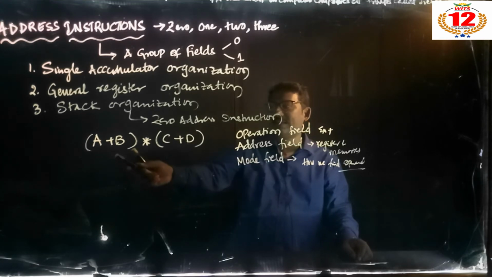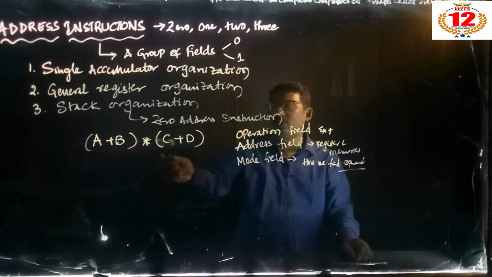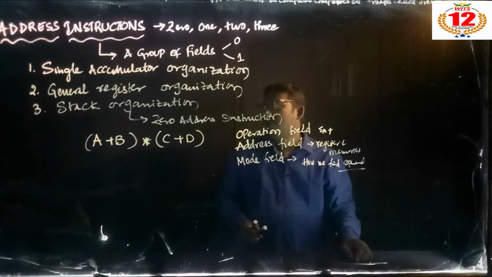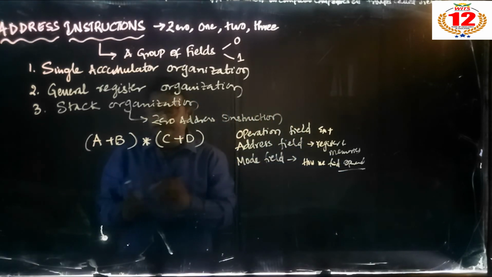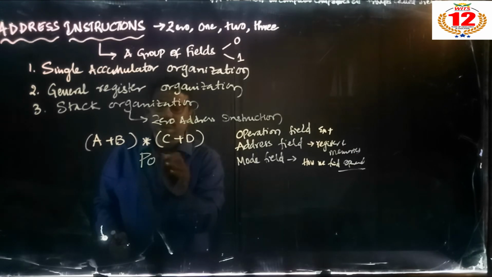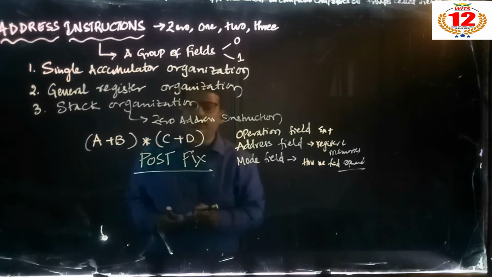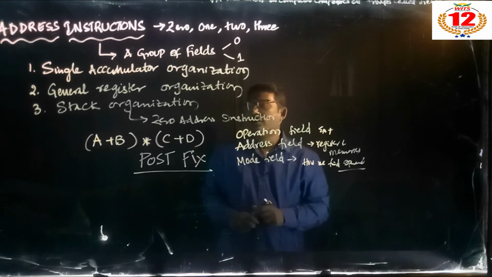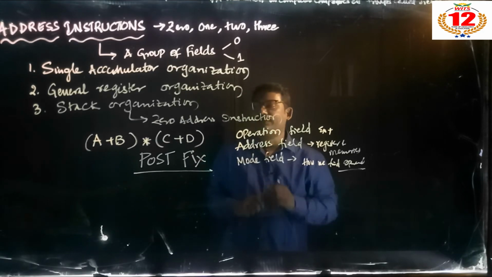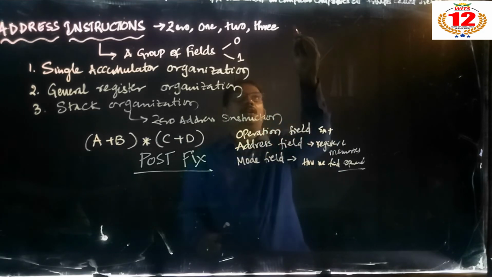We are taking an example, A plus B into C plus D. We are using this for postfix. There are three types.